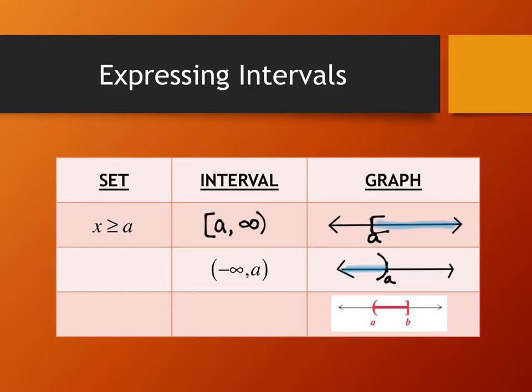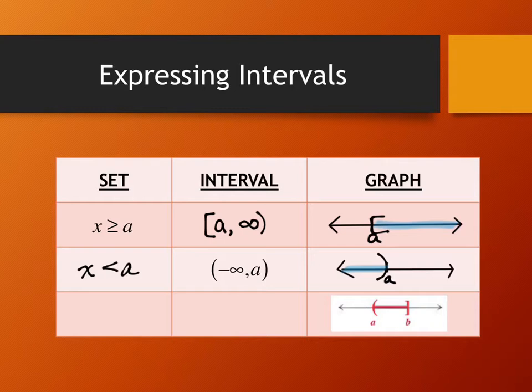So it's from negative infinity, the left-hand side, and stops at A with a parenthesis. Are these values that are shaded in blue bigger than A or smaller than A? They're smaller. So what I've represented here are the values x that are smaller than A. These are all the values that are less than A, and I don't have a line underneath it because I have a parenthesis, not a bracket.